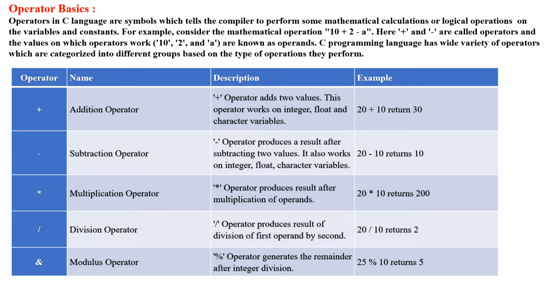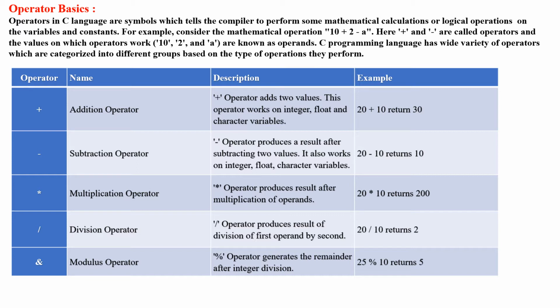Let's see the operator basics. Operators in C language are symbols which tell the compiler to perform some mathematical calculation or logical operation on the variables and constants. For example, consider 10 plus 2 minus a.